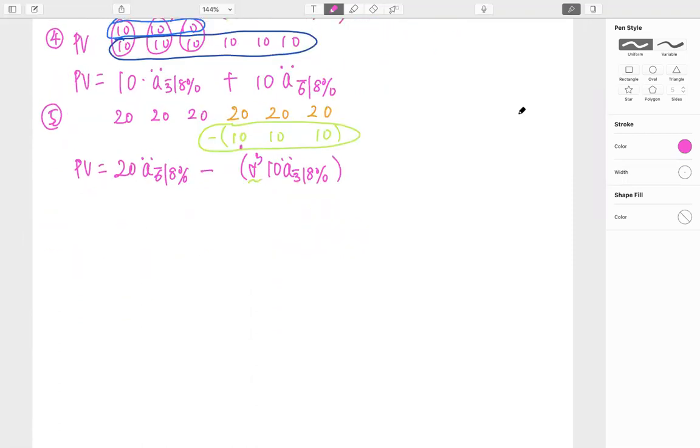Next one, 2.4. In 2.4, starting today, Sandy sets aside $10,000 at the beginning of each year into a bank account that pays an annual effective interest rate of 5.5%.